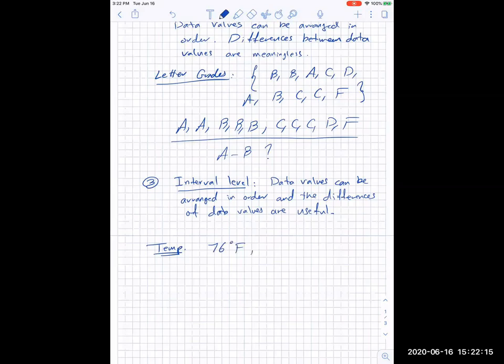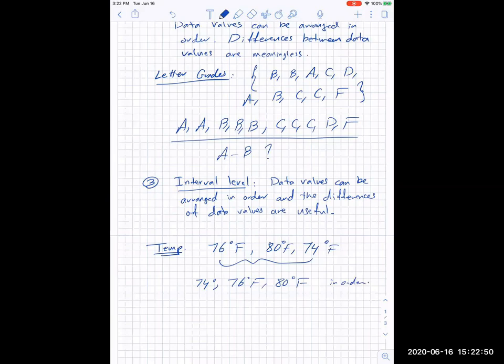The day before yesterday, let's say 80 degrees. Today is, for example, 74 degrees. Right? So we have these temperature measurements. I can arrange my measurements in order. I'm going to say 74 degrees first, and then 76 degrees, and then 80. So now it is in order.